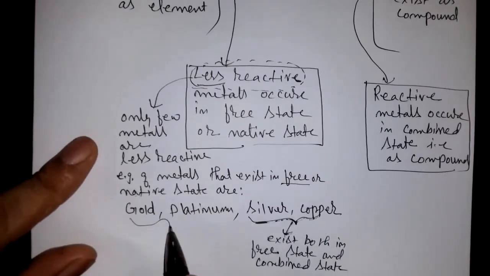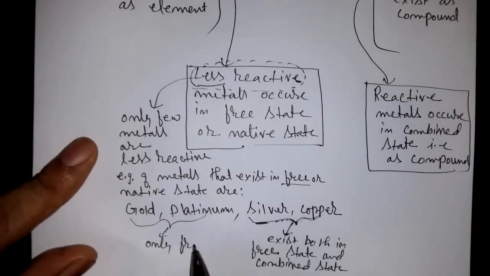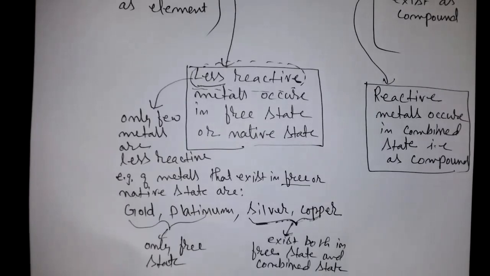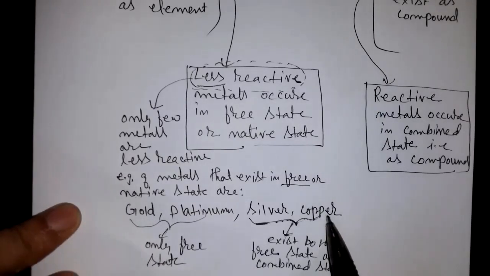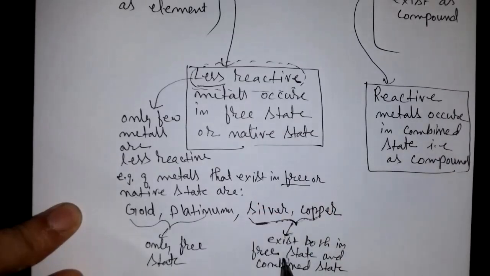These two are only free state. In fact, all four are free state, but out of all four, these two are always free state. This one is sometimes free state and sometimes combined state.